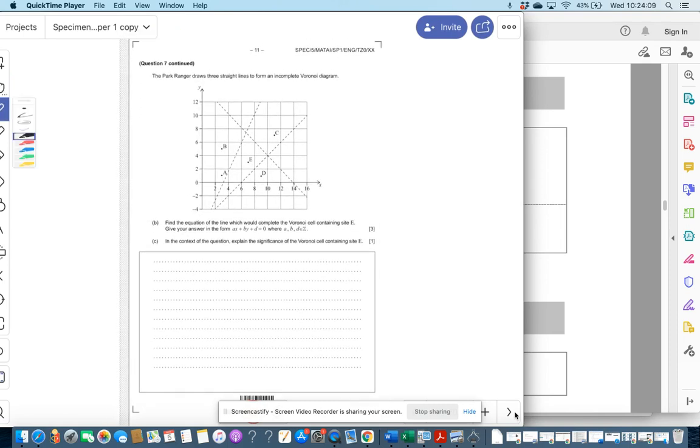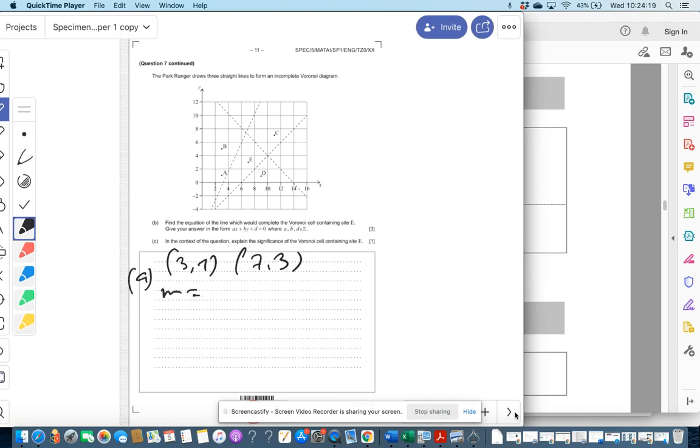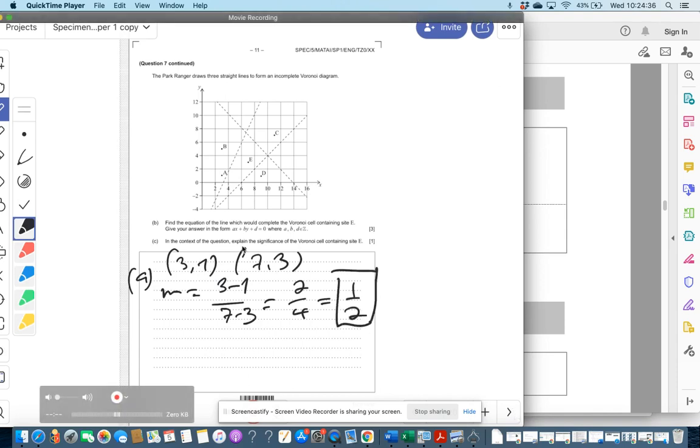Okay, so M is going to be equal to, for question A, the difference in Y's over the difference in X's. So that's 2 over 4, 1/2. Okay, that is the gradient of AE.